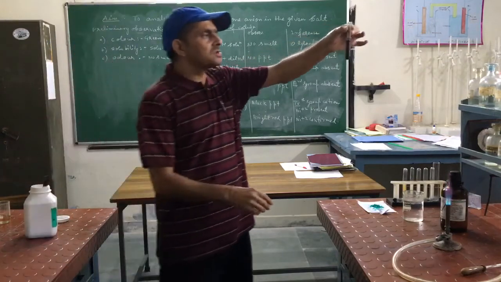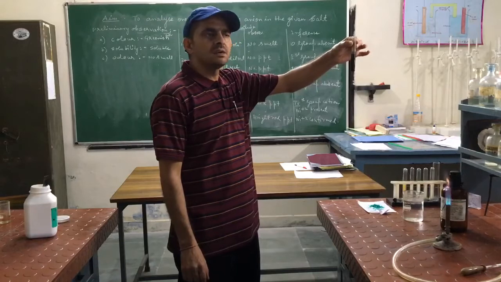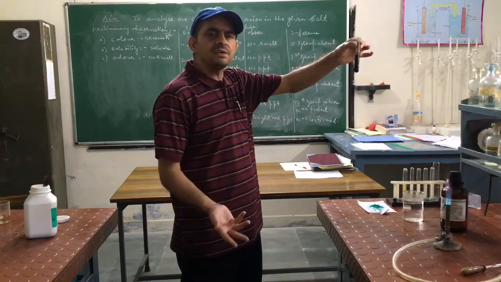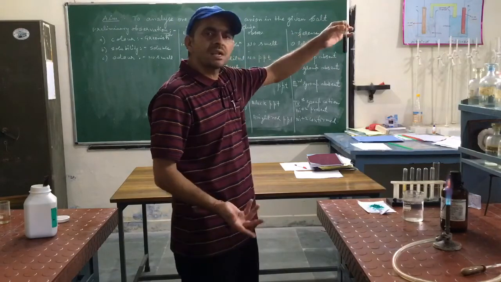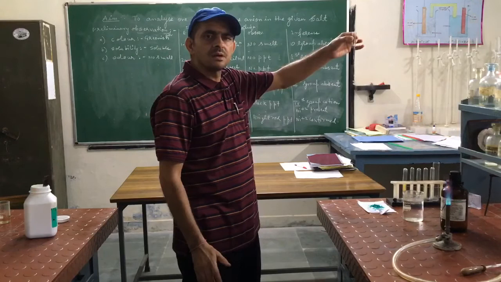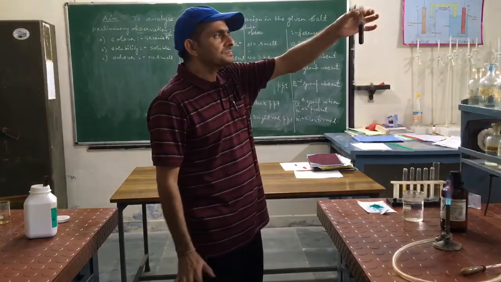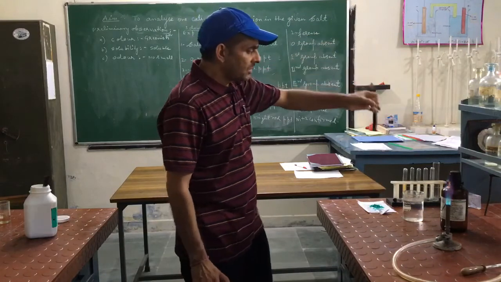So the salts of fourth group precipitate in the form of sulfide. Zinc sulfide is white, so this black PPT means either it is nickel sulfide or cobalt sulfide. Clear?